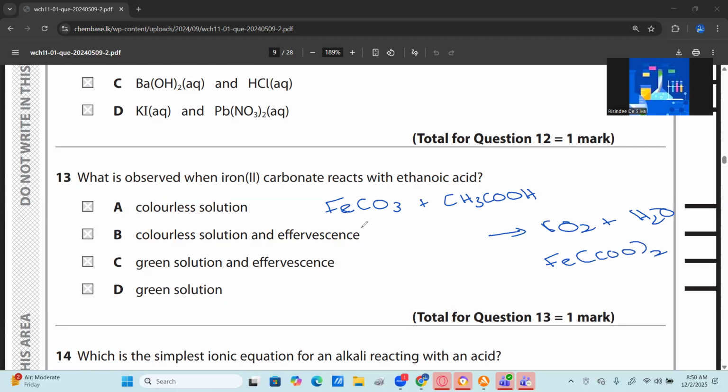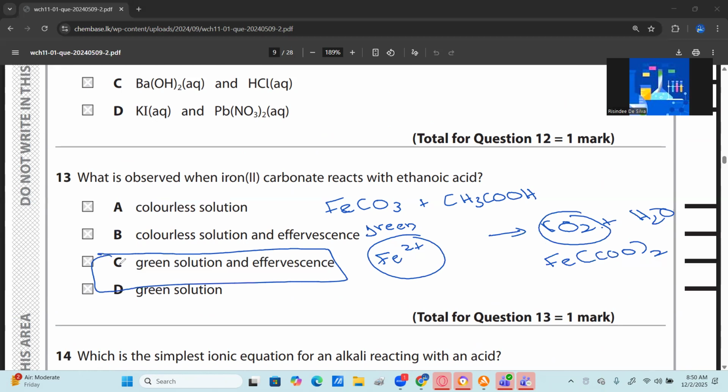Then when you have Fe2+ ions in the medium, it forms a green solution. And you can see the formation of a gas, therefore we can see effervescence as well. So the correct answer is green solution and effervescence. So we'll see the 14th one.